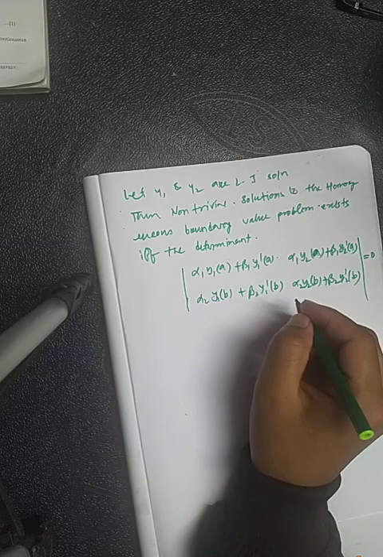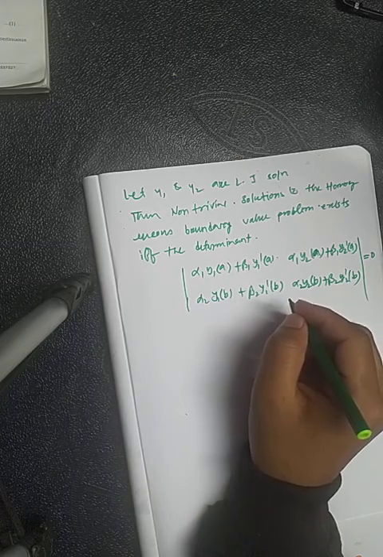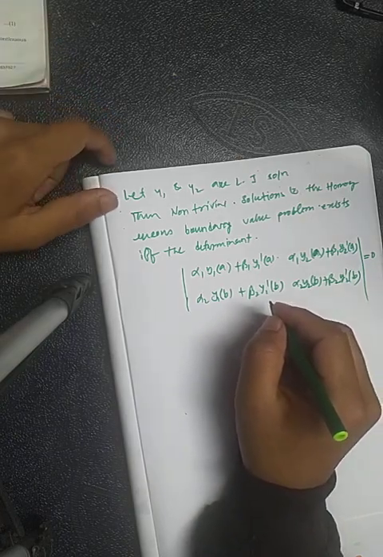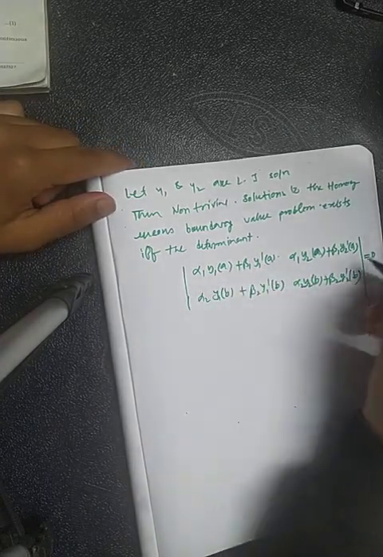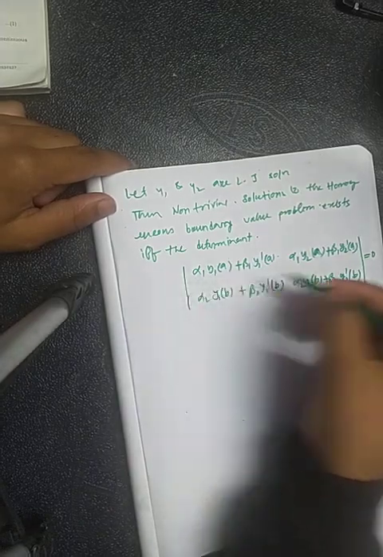This should be 0. Then only we can say that non-trivial solutions to the homogeneous boundary value problem exist. The value of that determinant must be 0.